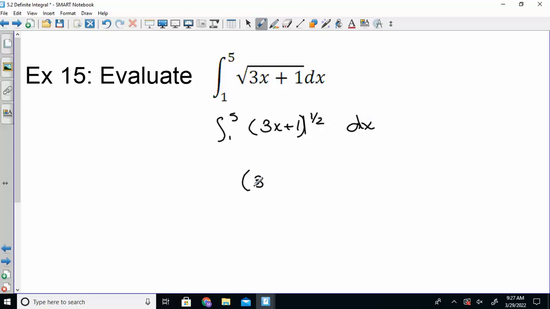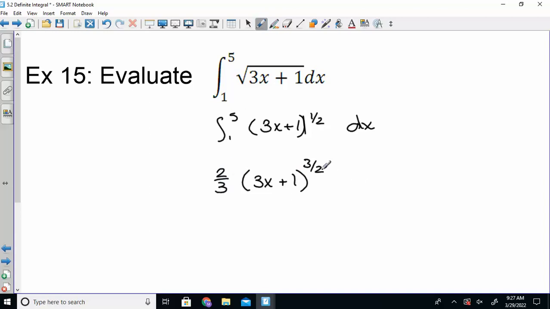So if we add 1 to the power, 1/2 plus 1 is 3/2. So what would you have to put in front?